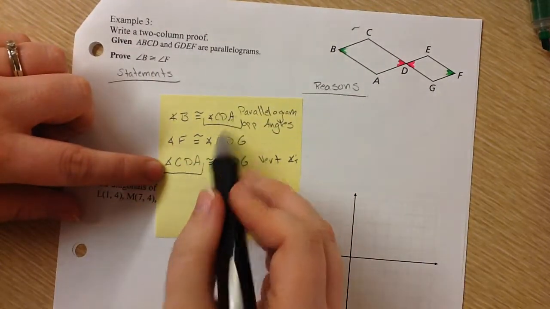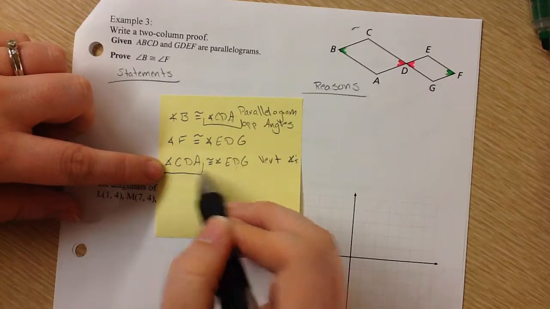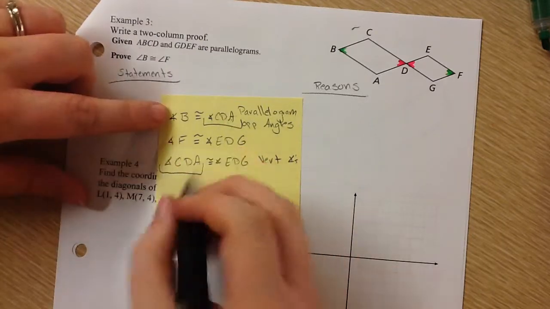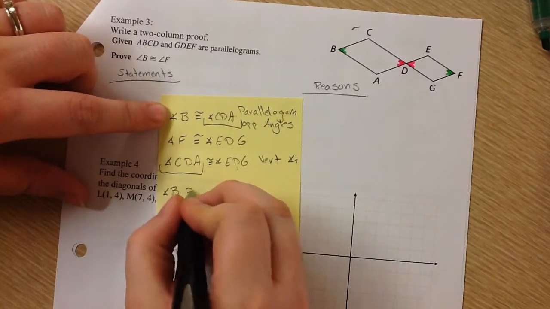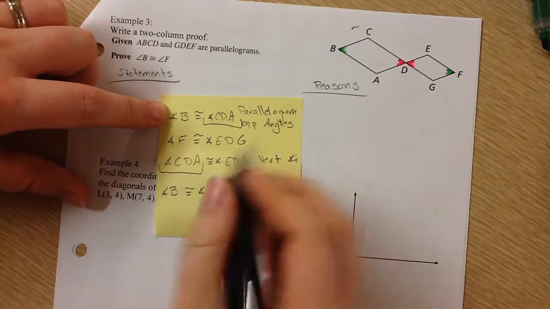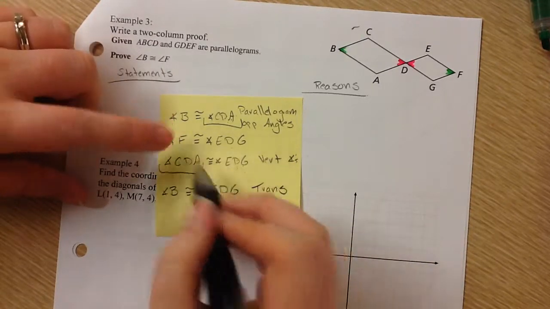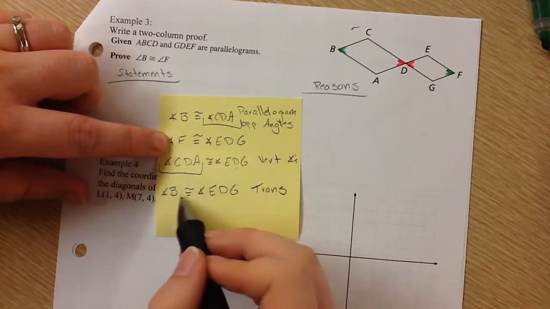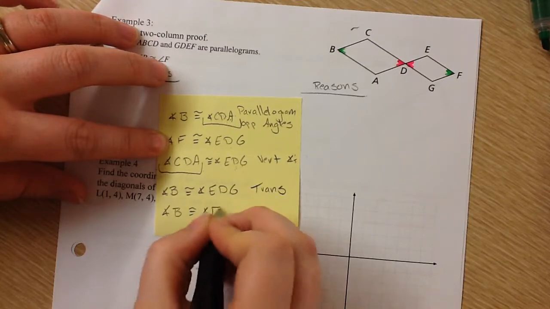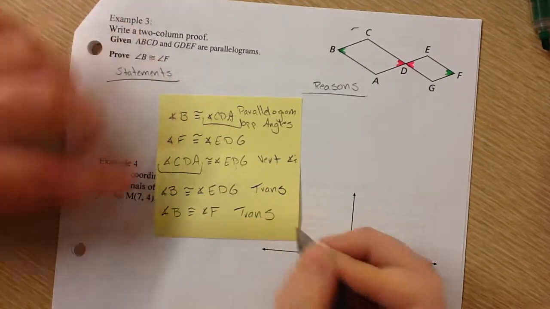So since they're both congruent to CDA, I can put these two together and I can say angle B then is congruent to angle EDG using transitive. And then I can use transitive one more time because F is congruent to EDG, B is congruent to EDG, so I can say angle B is congruent to angle F using transitive again. So there's our general proof.